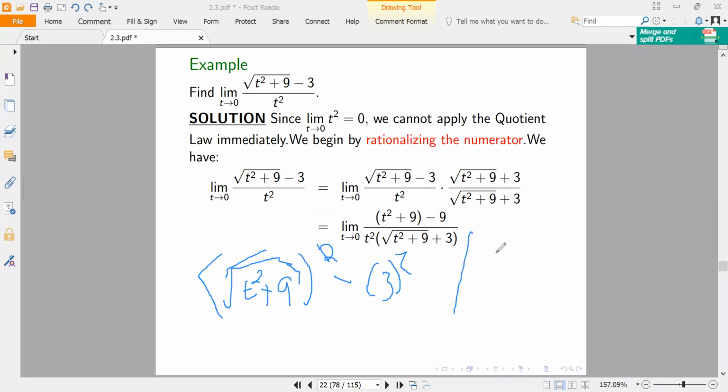Please note that this comes from knowing that x squared minus y squared, when you factorize it, you get x minus y times x plus y.